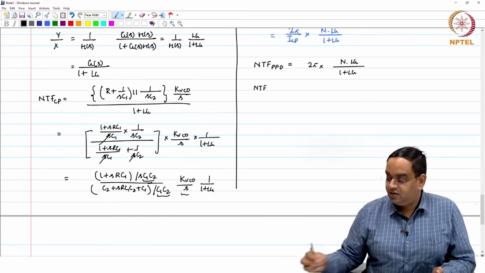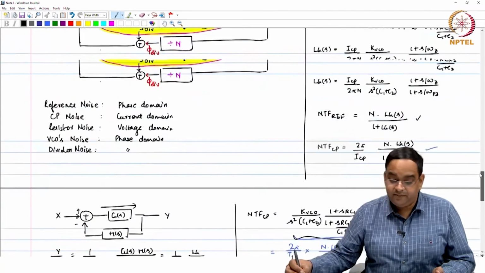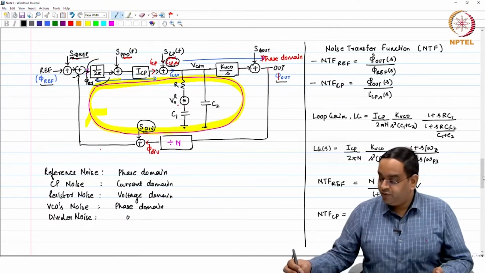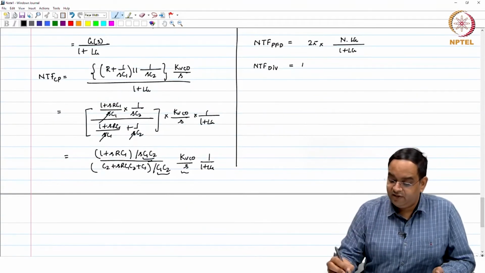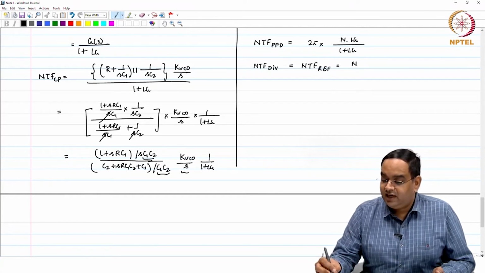NTF of your divider, which is also coming at the same point, at the input, right, the input noise. So this is also going to be the same as NTF reference, which is n times loop gain by 1 plus loop gain.